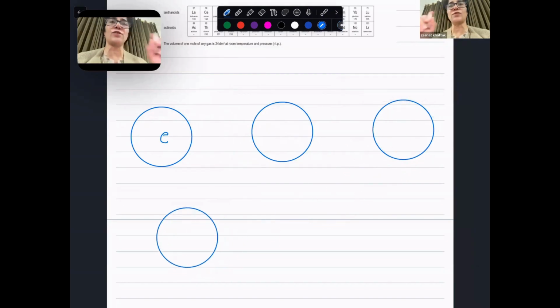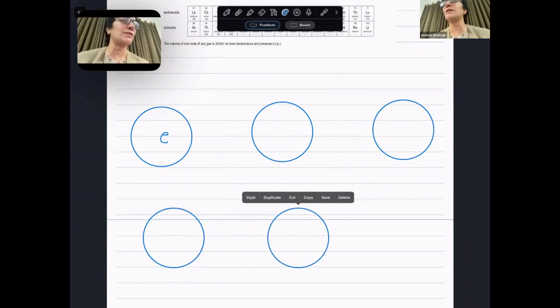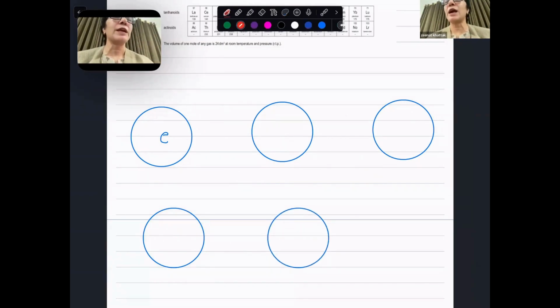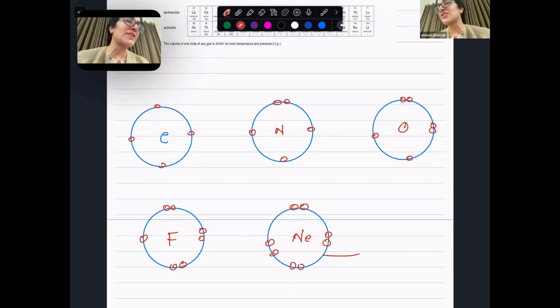And this is neon, I think, with 8 electrons.